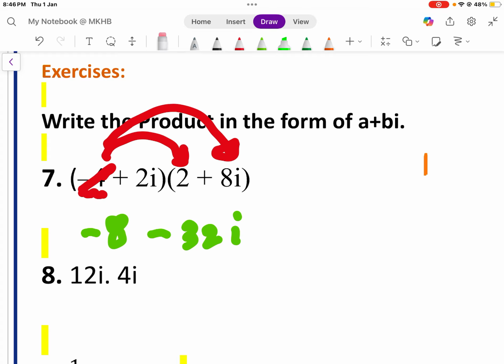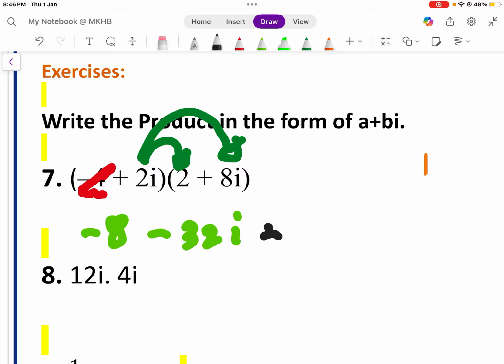Are we good? Now we move to 2i by 2 and 2i by 8i. Actually, 2i by 2 is 4i. We agree about it. Now we are done with this.